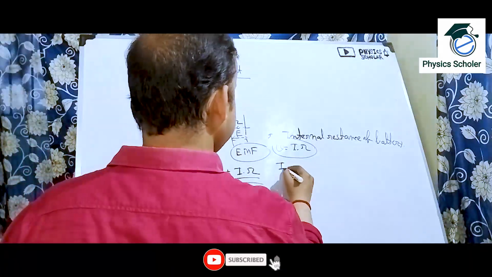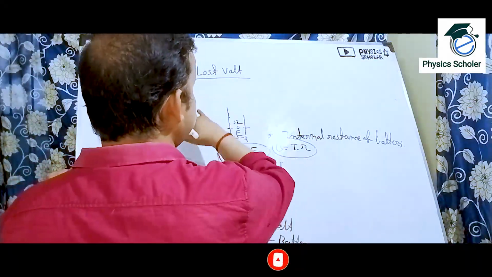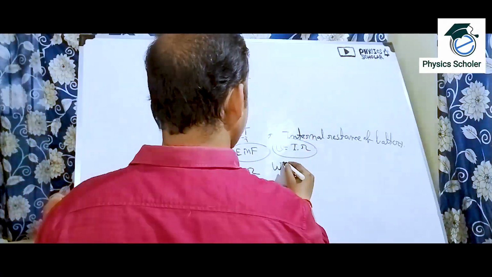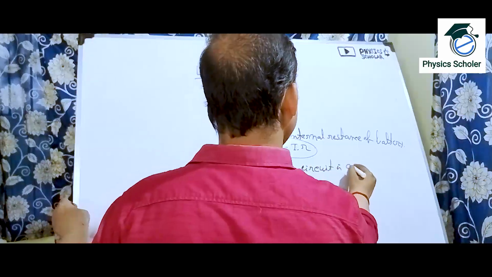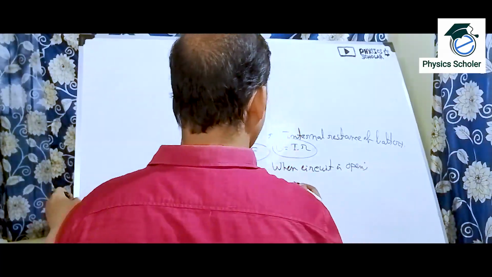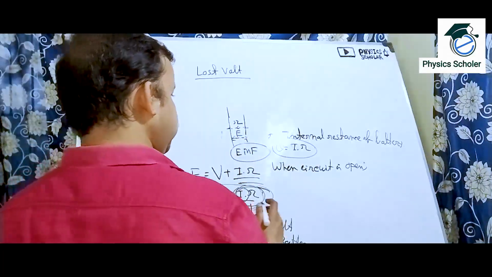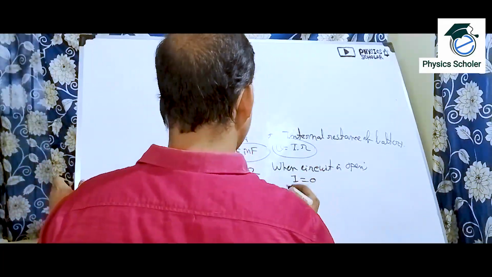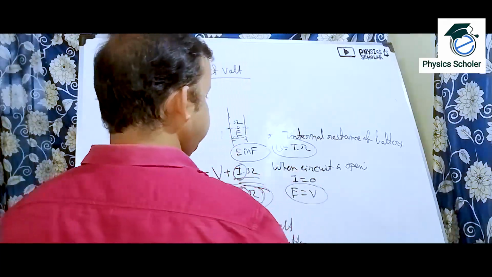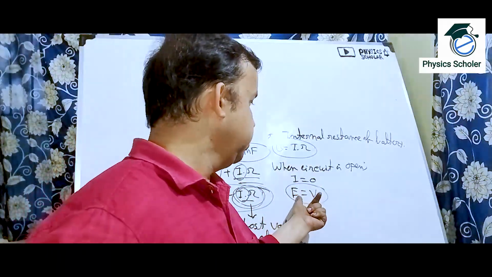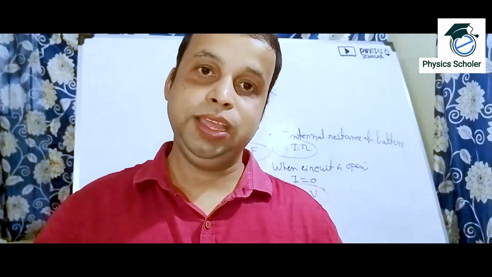When the circuit is open, that means the two terminals are kept open and not connected with any wire, then I will be 0. So if I is 0, then E is equal to V. In that case, the EMF will be equal to the potential difference of the battery.